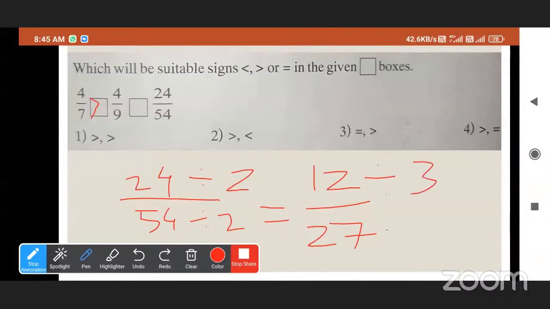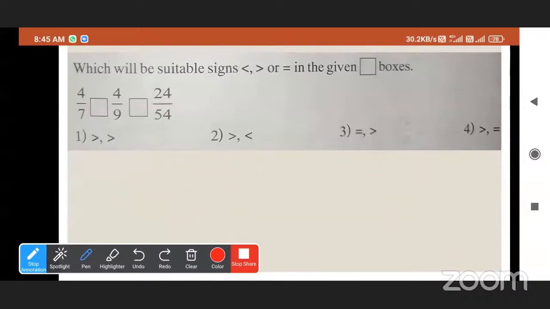Again, we divide it by 3, then we will get 4 upon 9. So 24 upon 54 is equal to 4 upon 9. So we will put the equal to sign here. So which option is right? The last one. The fourth one is right.